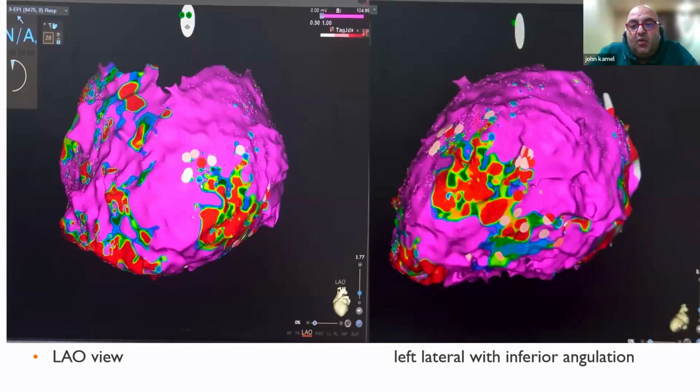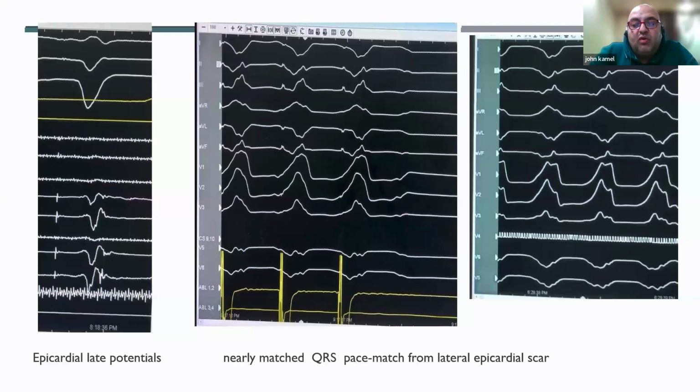Here, when we get a post-systolic or late potential, we want to confirm that we are near the exit of the tachycardia. Here we are pacing from PentaRay 13 and 15 from such a potential, and when we pace here with the ablation catheter, you can match the tachycardia.